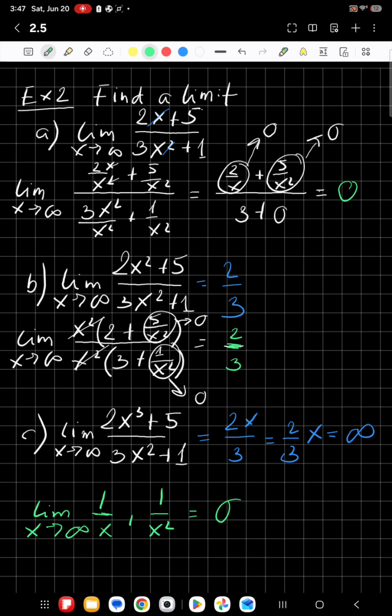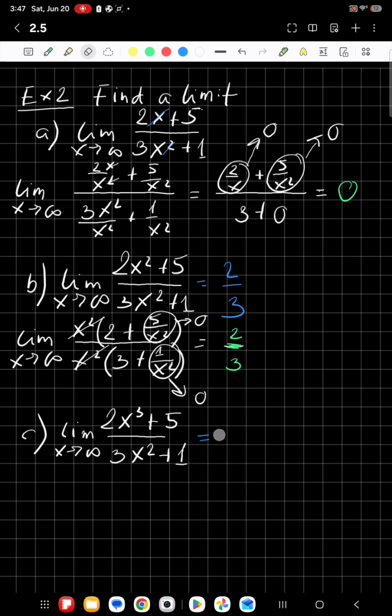And now, in the last problem, we predicted that the answer is infinity. So let's use the same algebraic method we did before. Limit as x approaches infinity. We'll factor x squared out as well.